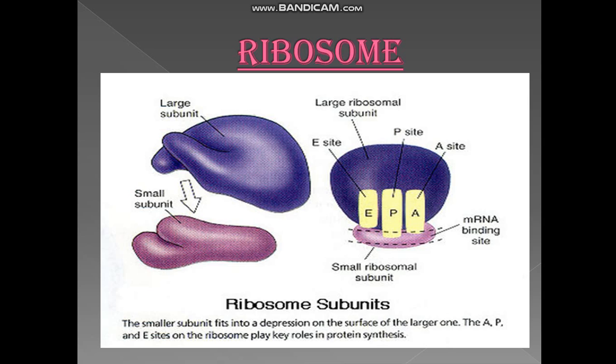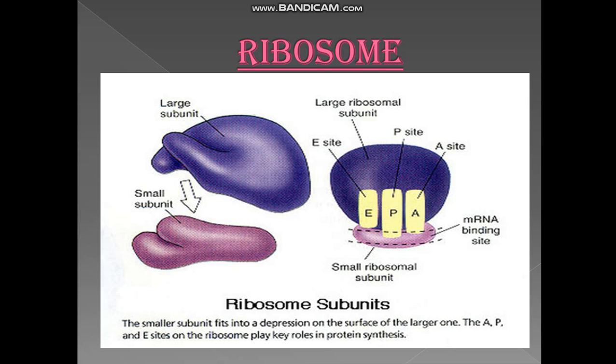Now the smaller subunit and the larger subunit come together and join at the time of protein synthesis and allow the process of protein synthesis to occur. Here you can see, when we talk about the ribosome, the smaller subunit has a depression into which the larger one fits, just like blocks.